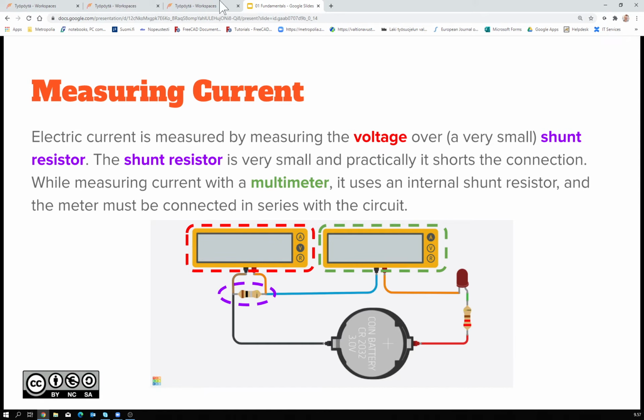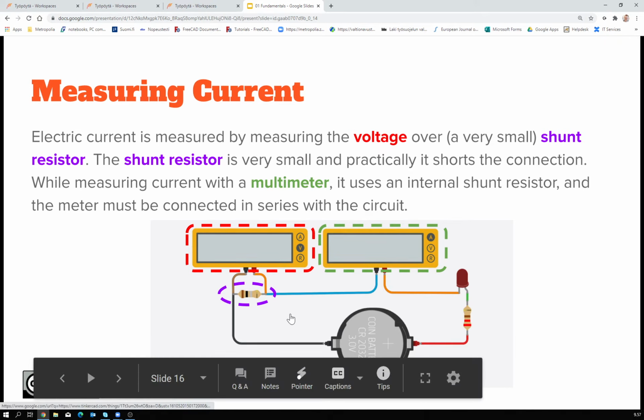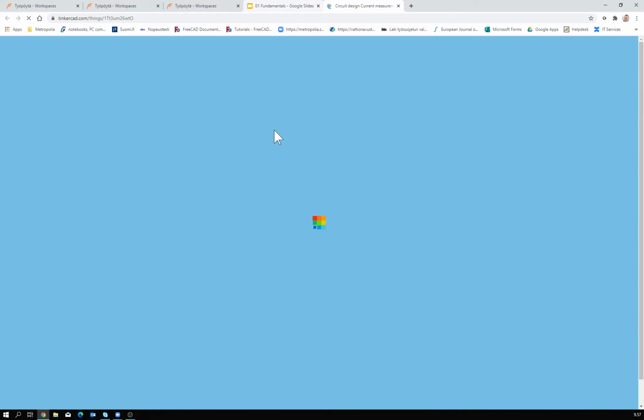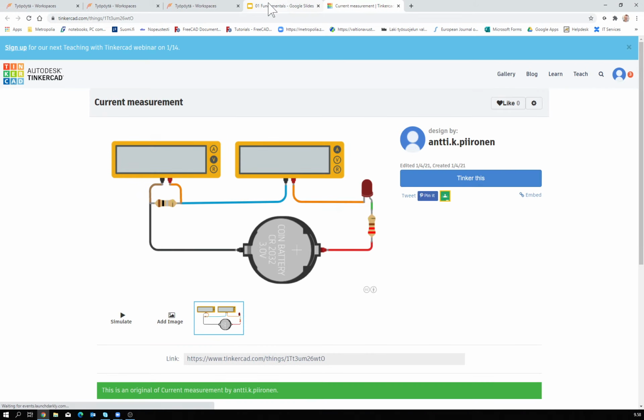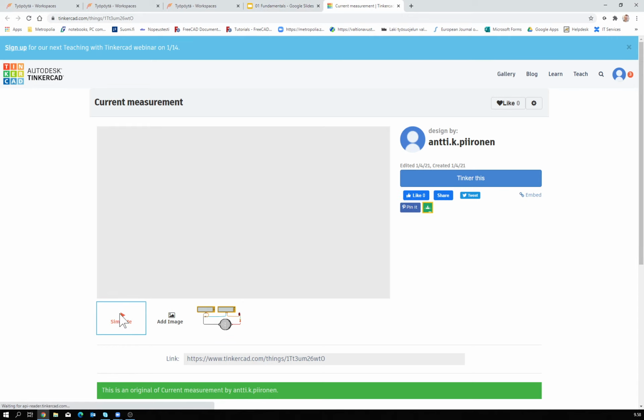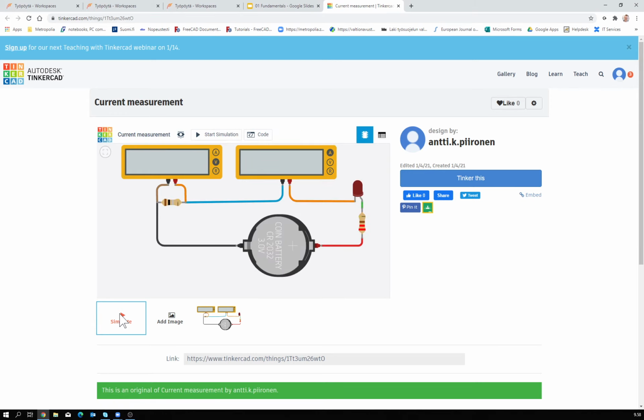If you connect a current meter the wrong way, this is the correct way. Let me simulate it first. Start simulation.